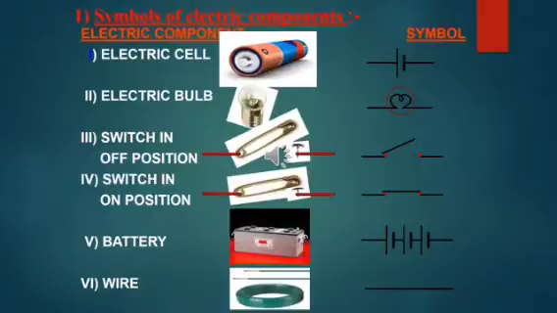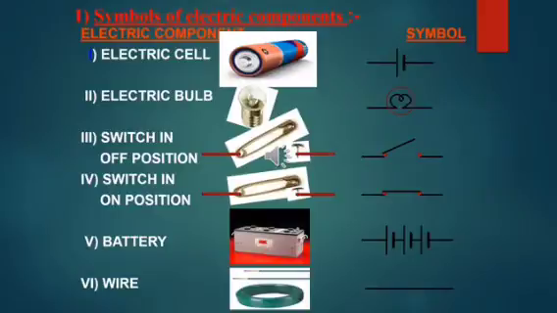Now the first thing there is the electric cell, which all of you are very familiar with. If you observe the electric cell very closely, on one side you have a plus mark and on the other side a minus mark. That plus mark shows that it's the positive terminal and the minus shows the negative terminal.